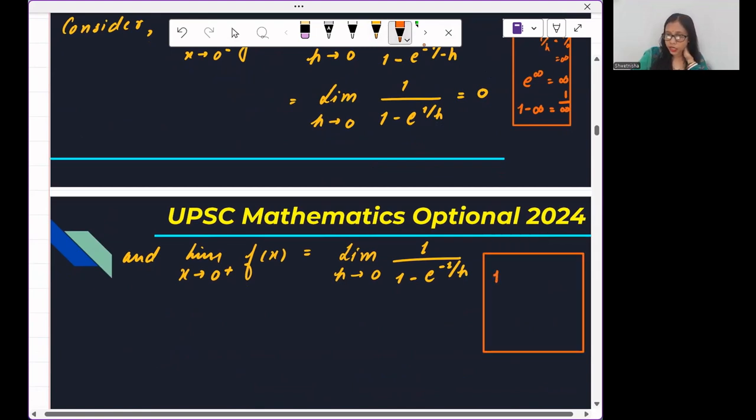In the denominator, I have 1 minus e raised to power minus 1 by 0. So it's minus infinity, 1 minus e raised to power minus infinity. To make that positive infinity, I can write 1 minus 1 by... see, remember, everything is happening in the denominator here. e raised to power infinity. So it is 1 upon 1 minus 1 by infinity, which is 1 minus 0.